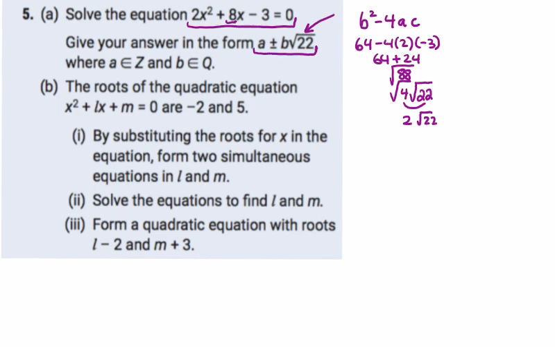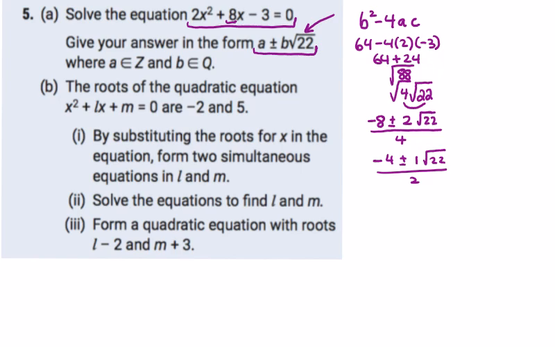So you might like to have some fun not using a calculator with b squared minus 4ac and see can you solve it down. So we're going to get minus b, so minus 8 plus or minus 2 root 22 over 2a, which would be 2 2's, which are 4, and 2 divides into all of these, so we end up with minus 4 plus or minus 1 root 22 over 2.